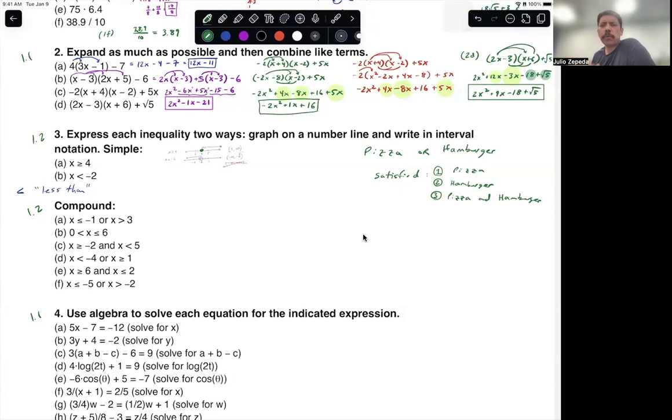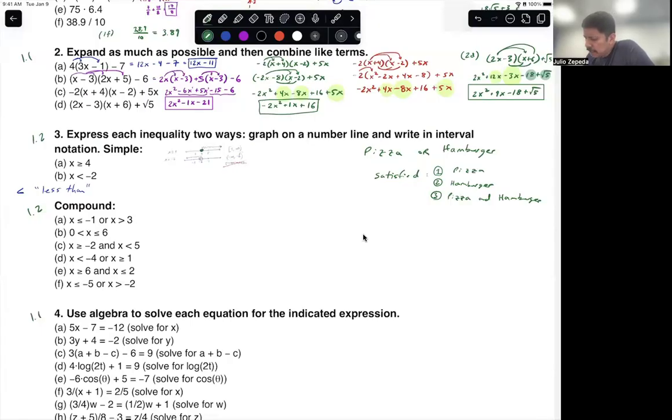And so that's how the OR inequality works as well. The solution set to the compound inequality is the set of all numbers that satisfy either one of the inequalities or both. Okay, and so let's take a look at a picture here. Let's go ahead and graph.